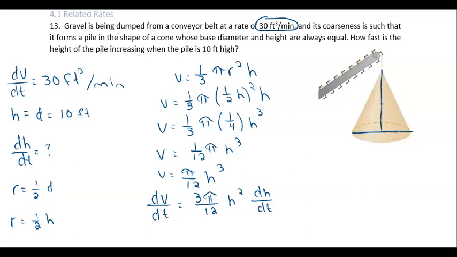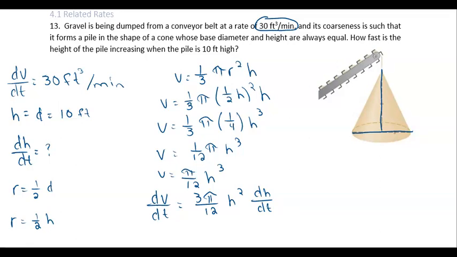Pi is just a constant, just a number, 3.14. There's no variable there to take the derivative of. So we bring down our 3 because that's the exponent of the h, and that becomes 3 pi, and then we subtract 1, so h squared dh/dt. Yes, you could simplify the 3 pi over 12. I'm not going to because I'm just going to simplify it when I solve it out, but you could simplify that right here if you wanted to.